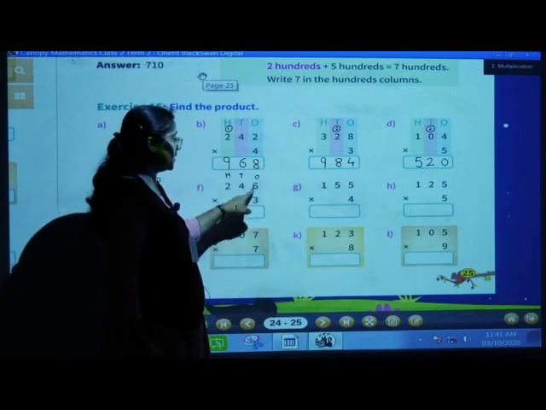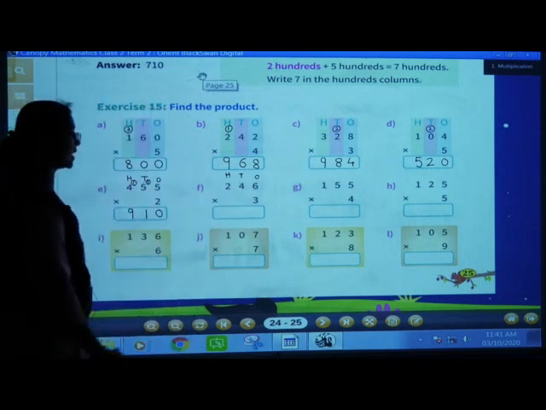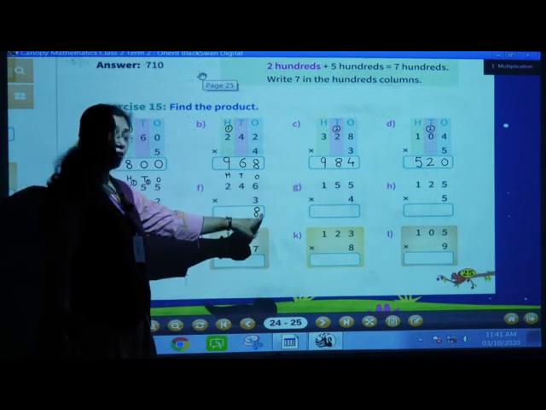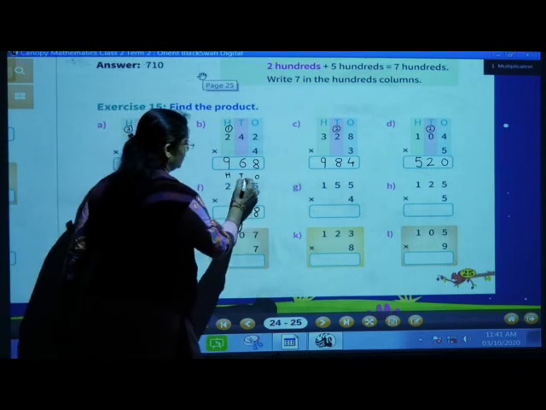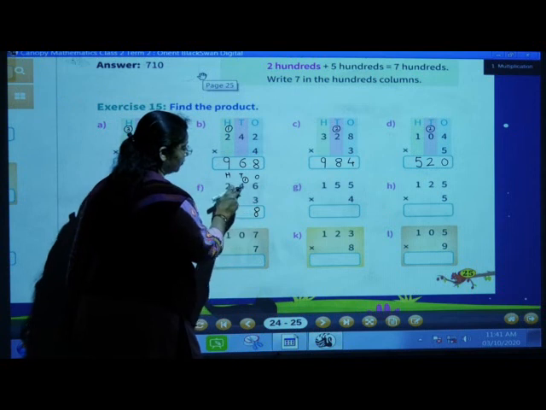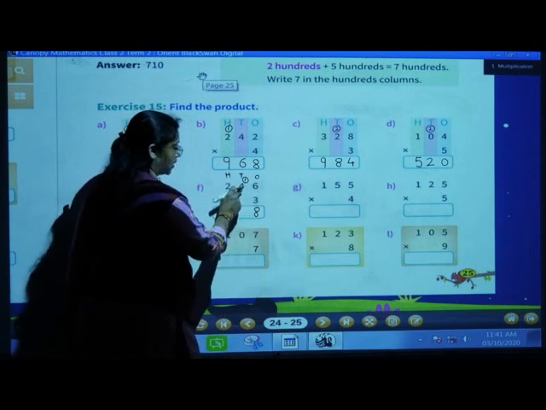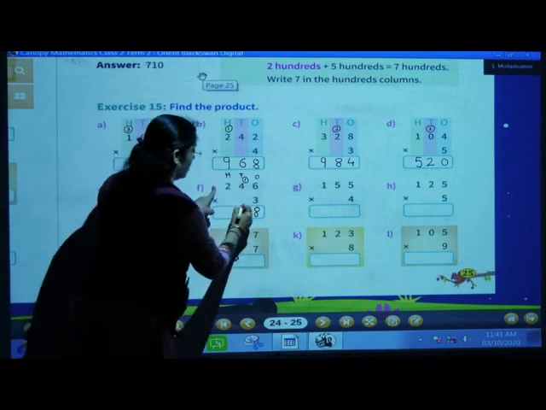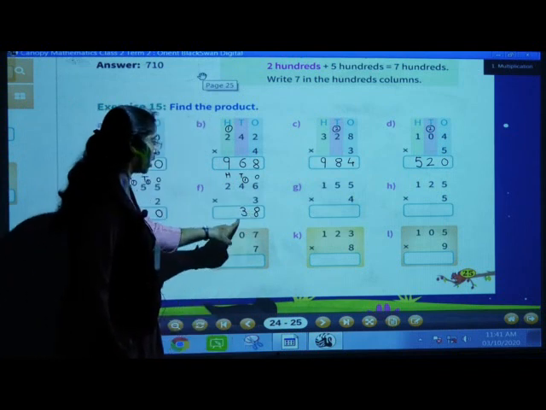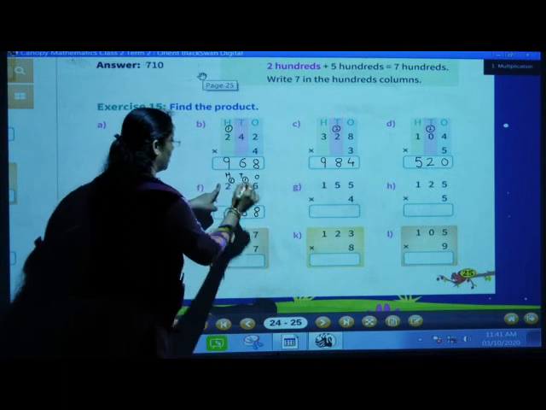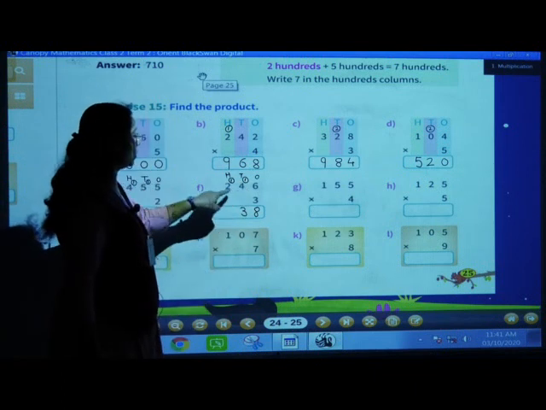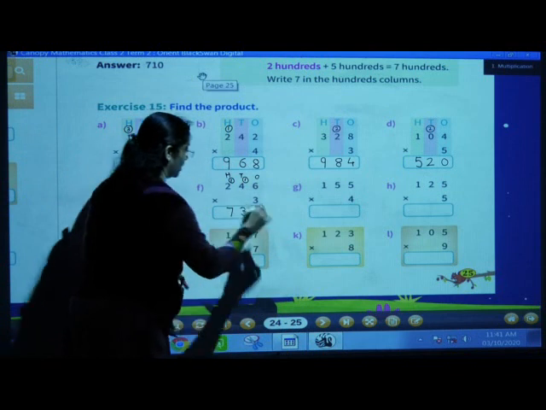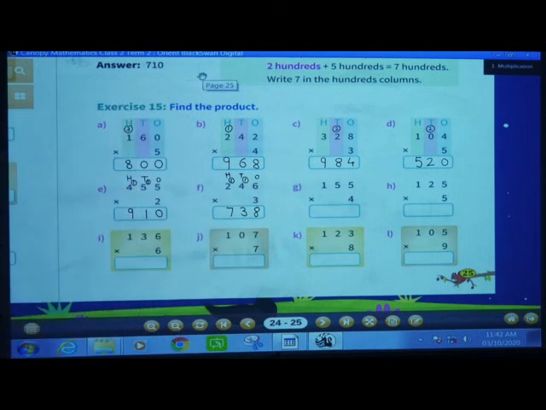Multiplied by 3. 3 6s are 18, means 8 will be the ones place, 1 carried over. 3 4s are 12, 12 plus 1, 13, means 3 we have to write in tens column and 1 as a carry, correct? 3 2s are 6, 6 plus 1, 7. This is the product.